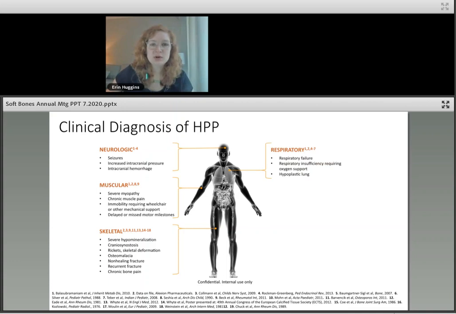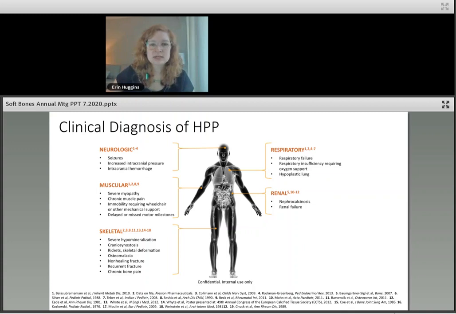We also have the respiratory difficulties that are, again, more common in children, so respiratory failure and hypoplastic or underdeveloped lungs due to that poor mineralization in the chest or the rib area. Typically, this is treated very early in life, and some require oxygen support early on.